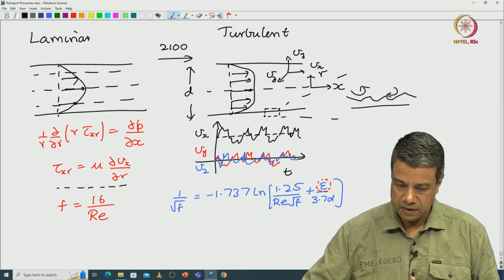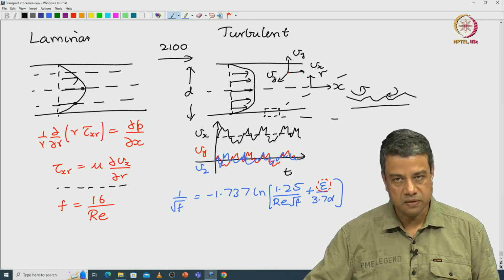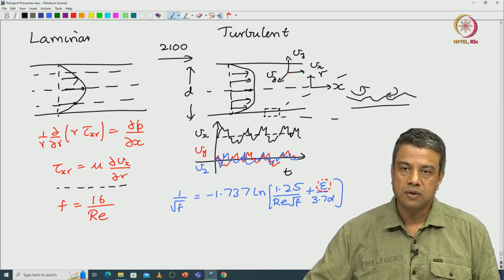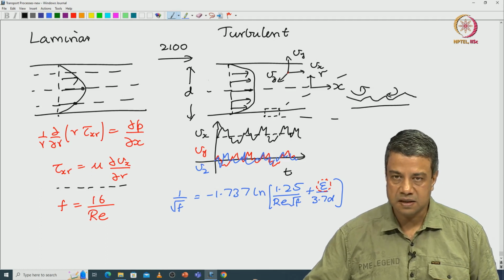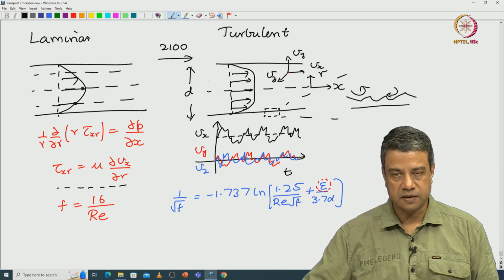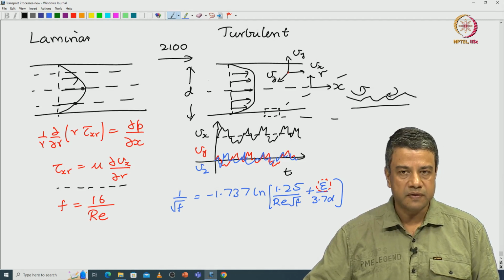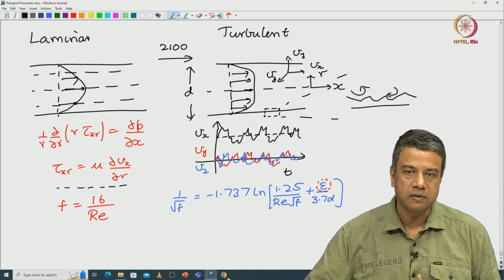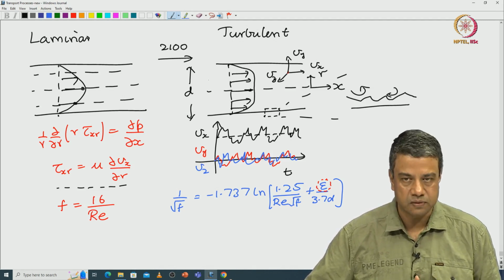These velocity fluctuations close to the wall, due to the fact that the wall is not exactly smooth, can also affect the friction factor. If the wall is perfectly smooth, epsilon is just set equal to 0.